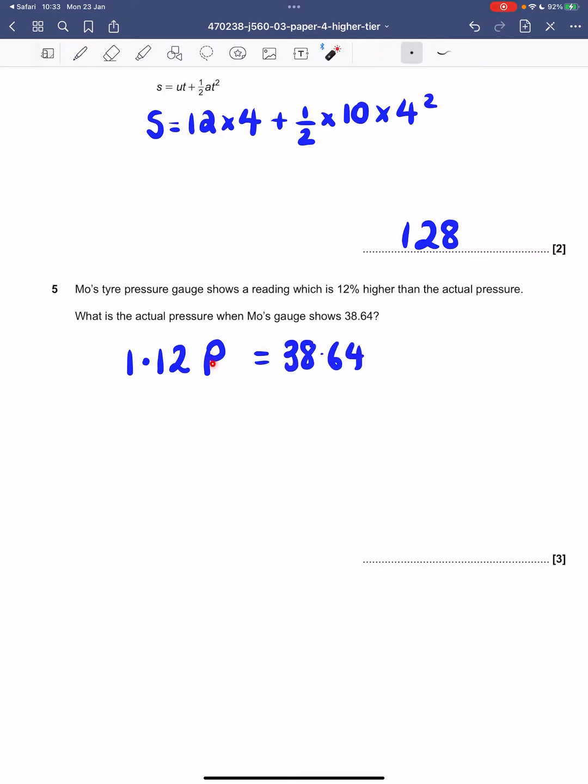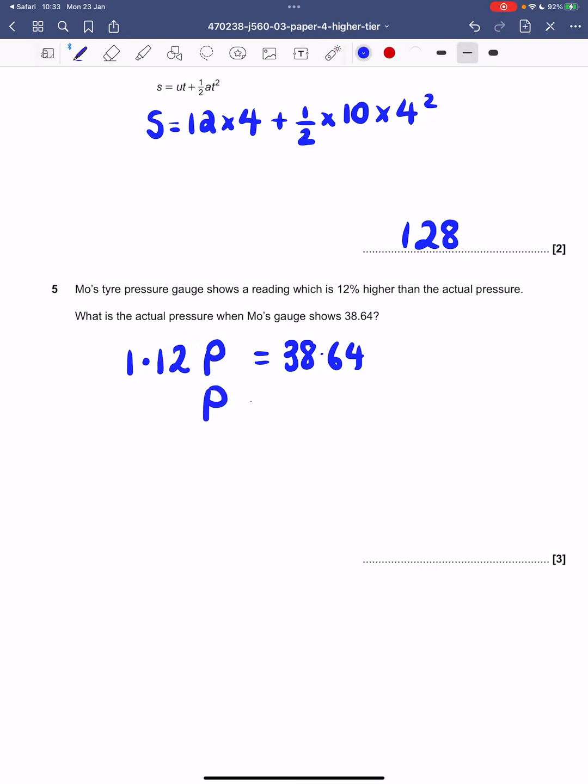Okay, you've got the actual pressure, 12% higher, that 12% as a decimal is 0.12. So 1, that's the real pressure, and this 0.12 is adding 12% onto the pressure.